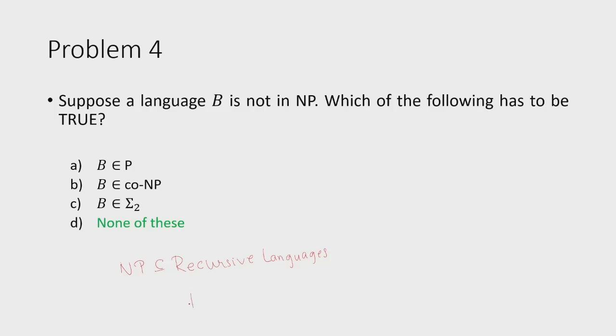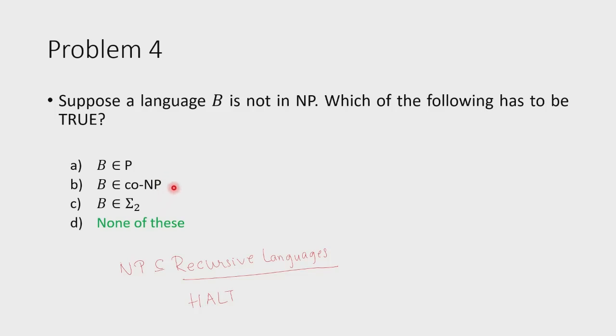Just consider the halting problem. The halting problem is not in NP, but it's also not in P, not in co-NP, not in sigma 2, because all of these are subsets of recursive languages. The halting problem is not even recursive. So this is a very easy way to see that none of these is true.